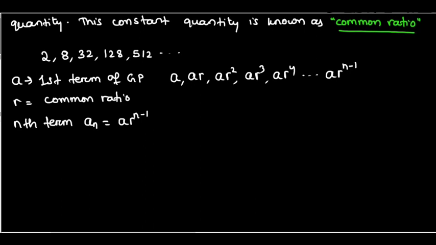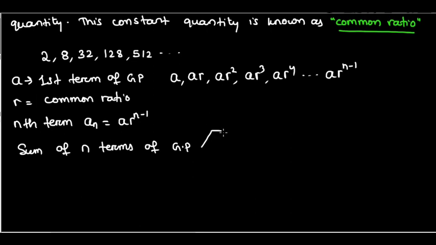And similarly, the way we have calculated the sum of AP, in this case also we have to know the formula to calculate the sum of n terms of GP. So the next formula is about sum of n terms of GP. And here we have two cases or two conditions possible.